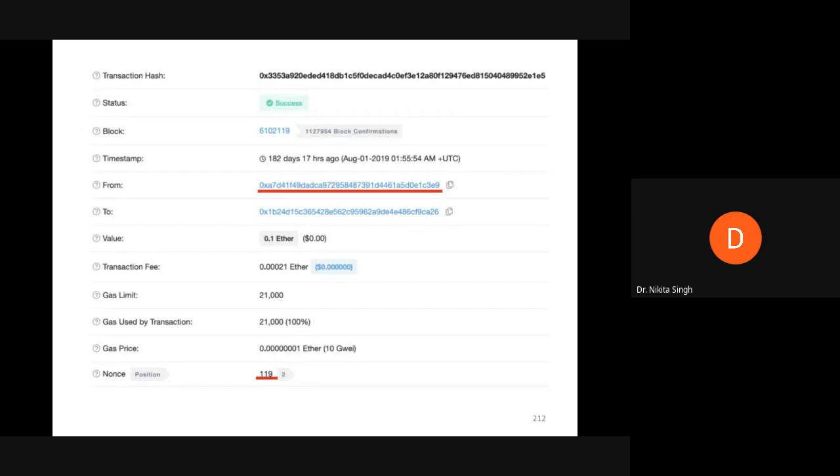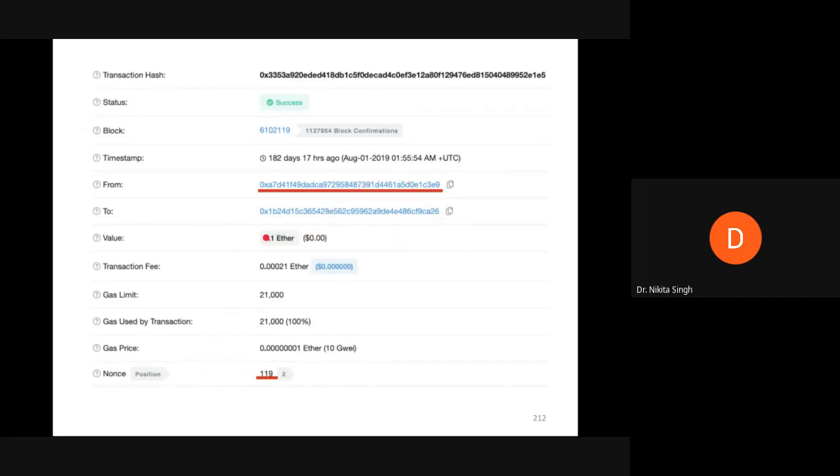So the thing to see here is that when we are saying we have a nonce with respect to an externally owned account, it gives you the number of transactions that you have sent. But here you can see you are the recipient. From address is somebody else's address, to address is your address. So this is incoming ether value.